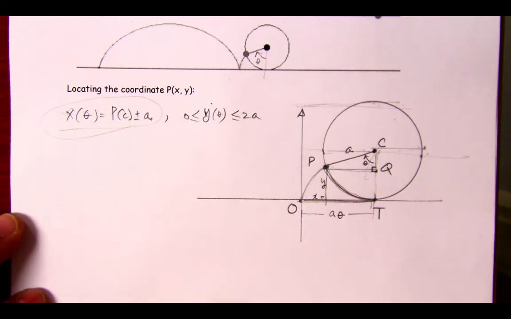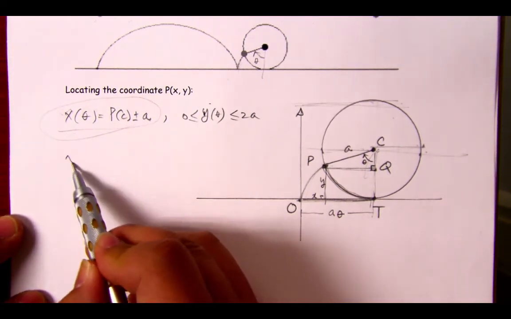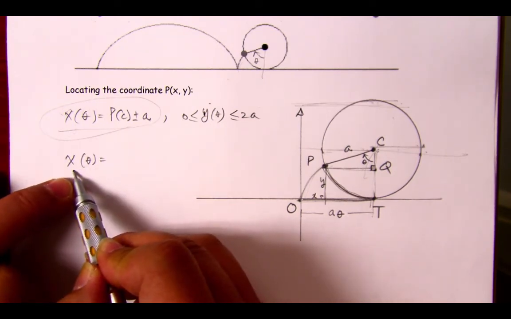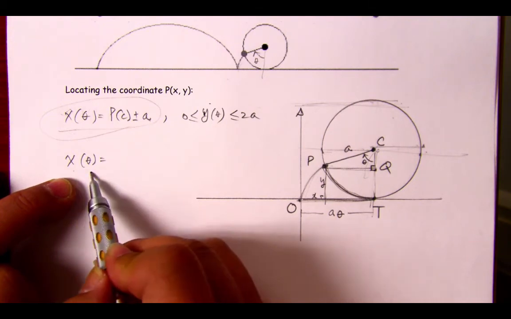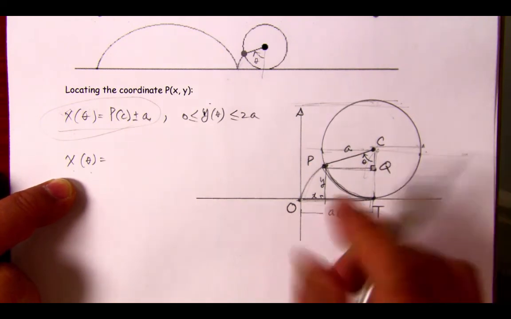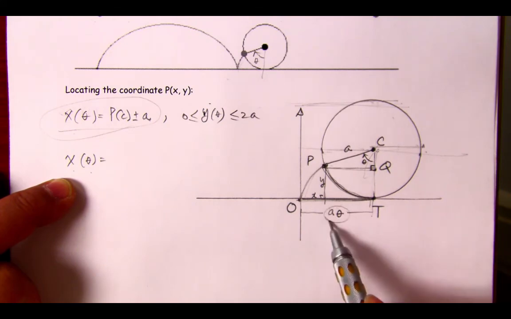So this is what we expect in terms of behavior. Now let's try this. What is this right here, guys? The position of the x coordinate based on the angle. Well, if you think about this, what is my C? C is this length from here to here. We know it's a theta. That really depends on the angular rotation.